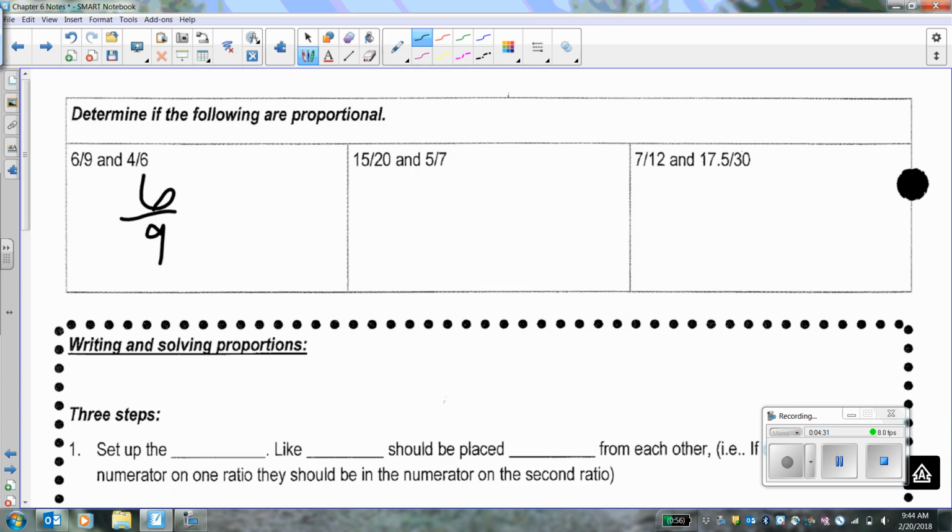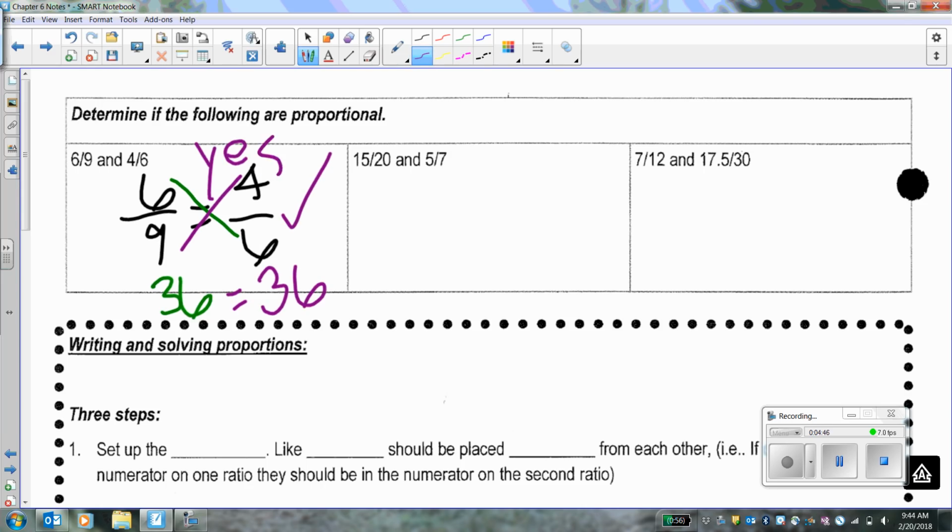So 6/9 equals 4/6. We're trying to figure out if they're proportional. So 6 times 6 is 36. 9 times 4 is 36. Yes, that is proportional. You do this one and this one.